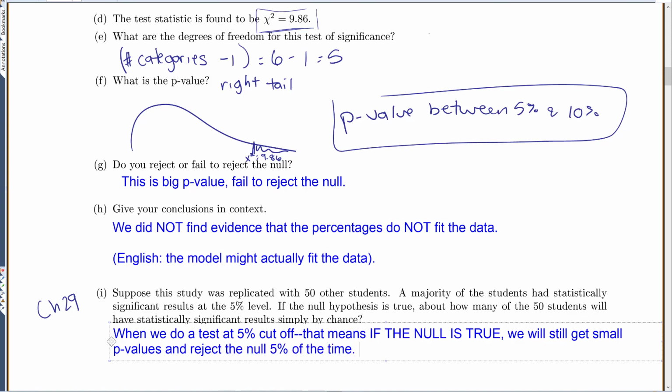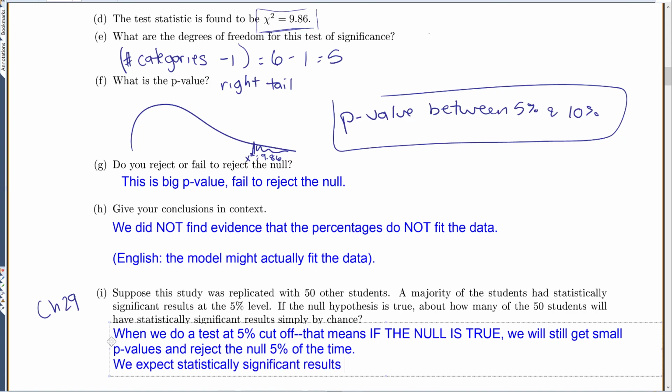So now back to our problem saying if the null is true, okay, that's what we said. How many students would get a statistically significant result just by chance? So that's what we just said. So we expect small p-values or statistically significant results just by chance 5% of the time if the null is true.